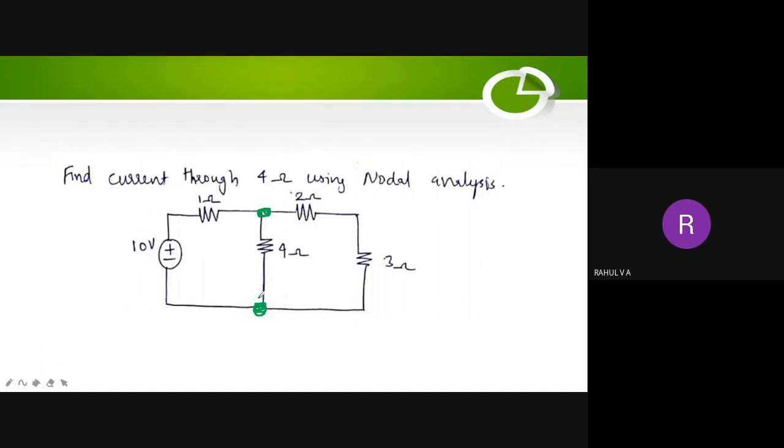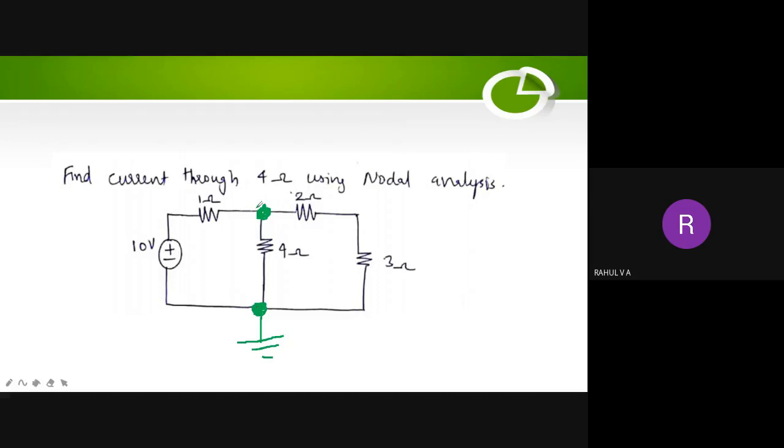And next point, one you take as reference node. Normally a node which is connected to negative terminal will be treated as reference node. So this node is the reference node. Now you have to apply KCL only for this node. So first we identified 4 nodes.